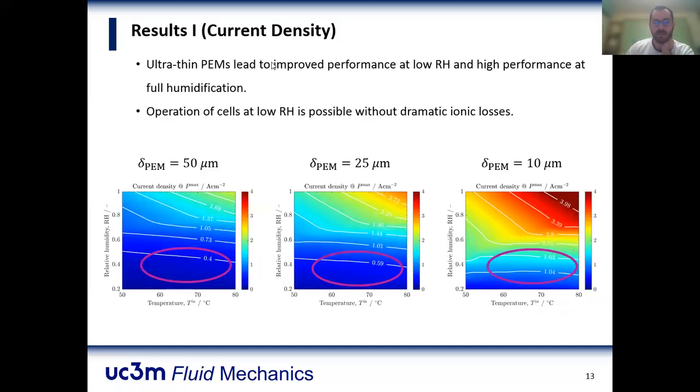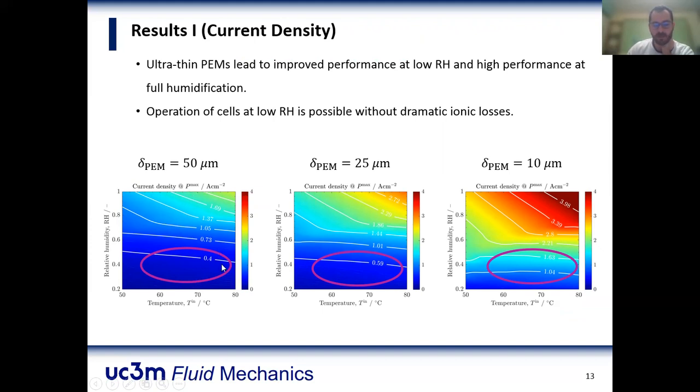So first we have the result of the parametric analysis. We have the current density. Here you can see the results for the 3 different membranes, and here we have these contours. Here we have the relative humidity, here we have the temperature, and we are plotting the current density at maximum power density.